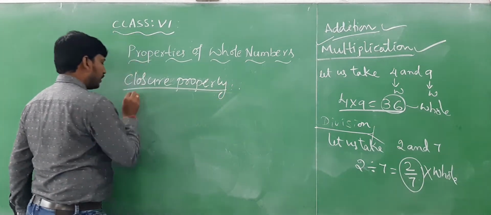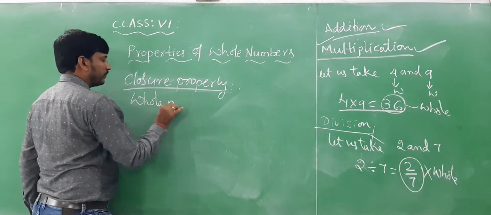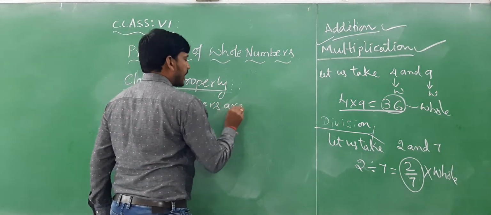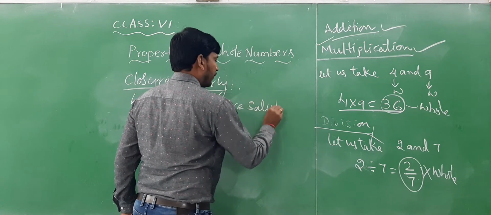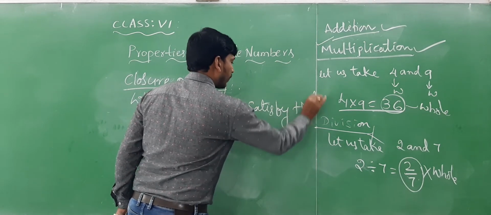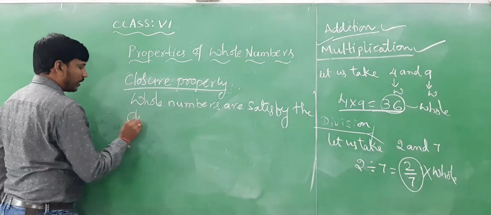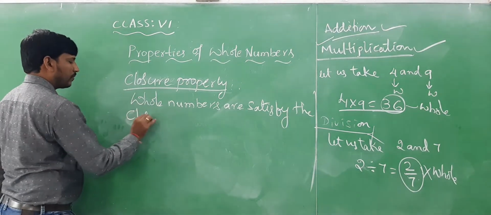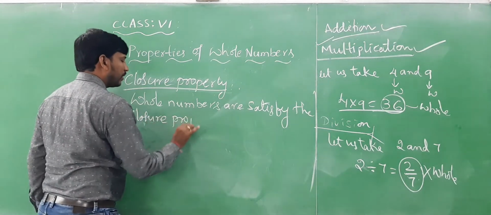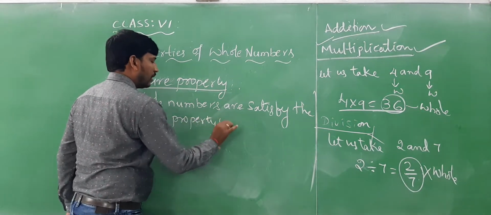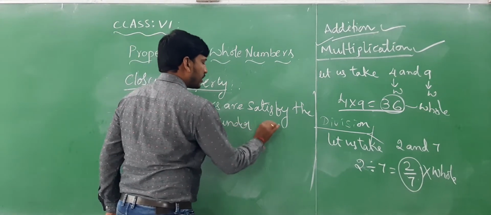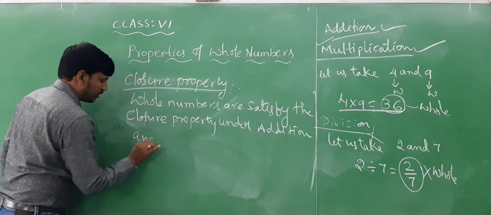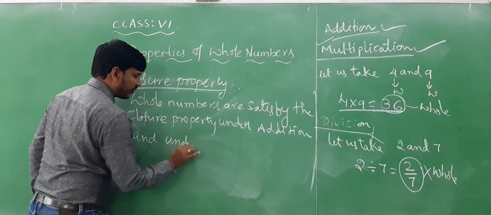Now write the statement: whole numbers satisfy the closure property under addition and under multiplication.